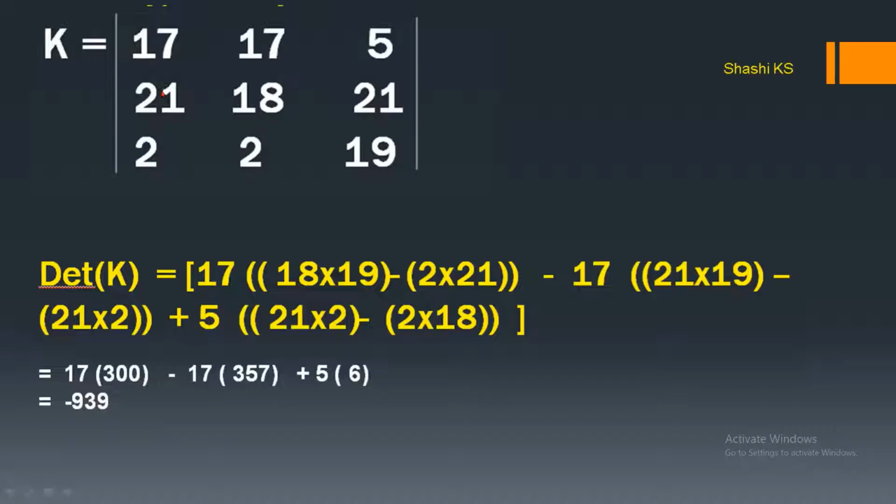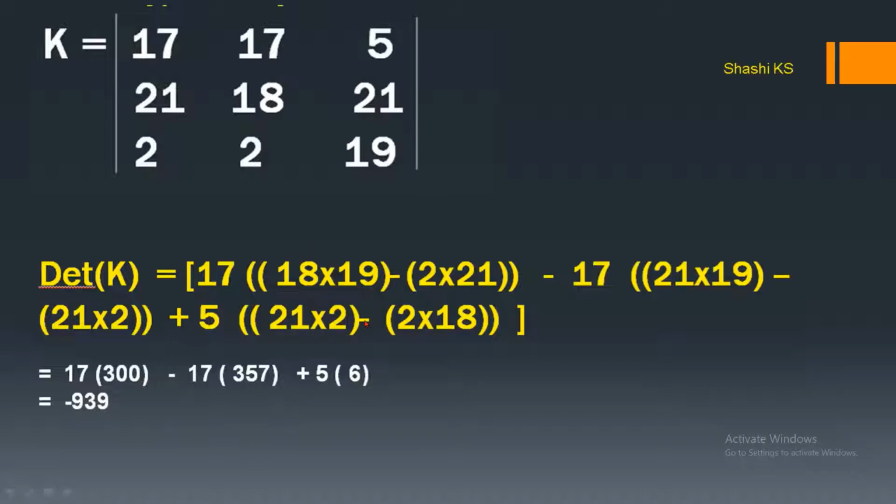So multiply 21 with 2 and then multiply 18 with 2 and then subtract the result. So 21 into 2 is 42, minus 18 into 2 is 36. 42 minus 36 would be 6. So that is what is calculated here.